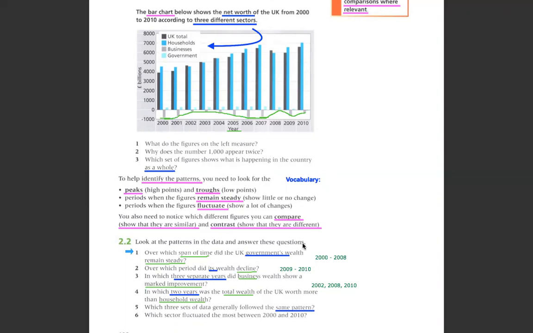In which 2 years? It's actually 3 years. So if you wrote 2, then try find the last one. So 2002 is correct. 2003, it's slightly higher, which is the last year that it's higher.